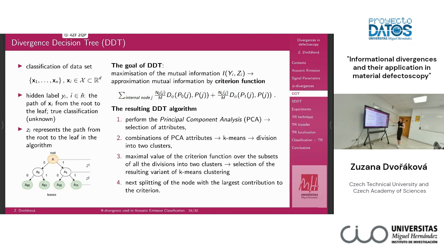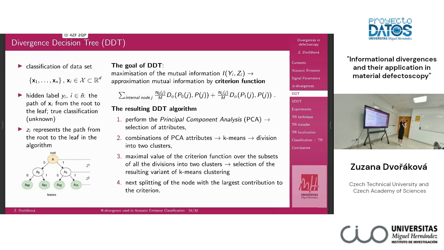And the resulting algorithm is as follows. Firstly, we perform so-called principal component analysis if we have lots of parameters, and we select some attributes of the parameters. Then we do k-means. I suppose that you know that it is a type of classification method.